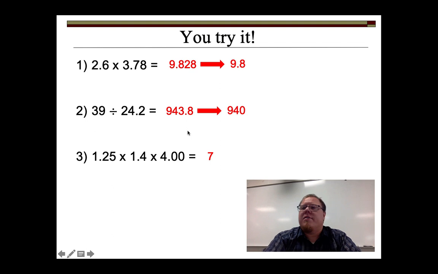Okay? Now this last one here, 1.25 times 1.4 times 4.0. This has 3, this has 2, this has 3, so our answer should have 2. Well, it only has 1. Both of these we had to round and kind of cut off some of the numbers, but this one only has 1.